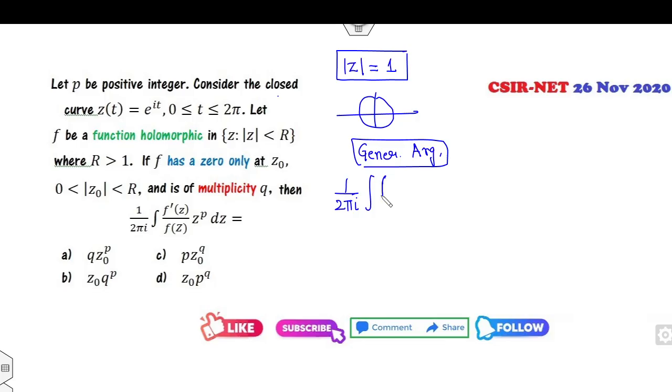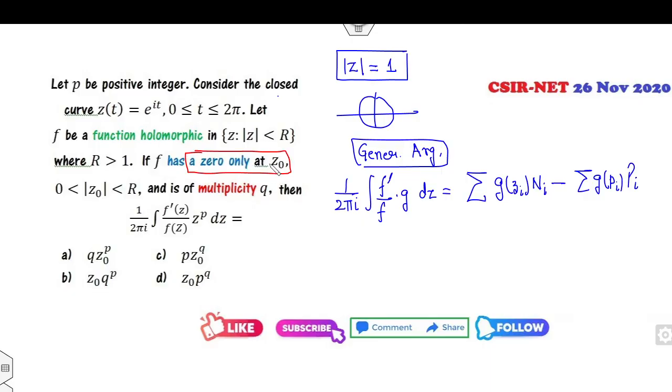1 over 2 pi iota, integral of f dash over f into g, which is nothing but the summation of g over the zeros times the multiplicity, minus the summation of g over the poles times the multiplicity. Now what is that? f has a 0 only at the point z0.